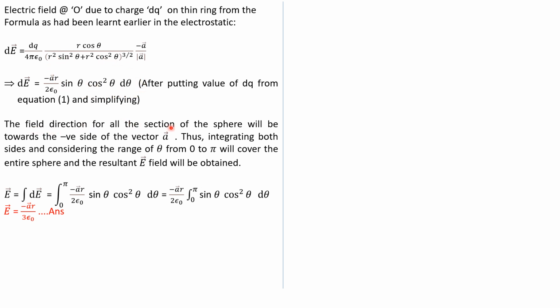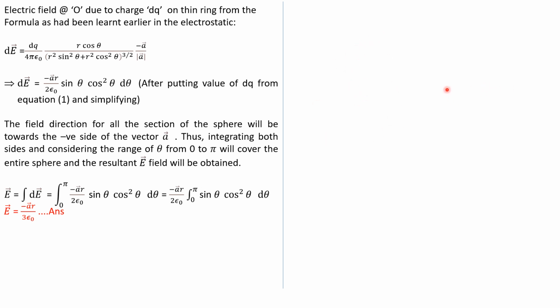Now the field direction for all the sections of the sphere will be towards the negative side of the vector A. Thus integrating both sides and considering the range of theta from 0 to pi will cover the entire sphere, and the resultant E field will be obtained. Hope you understood this. Nothing special in this. You have taken one section of the ring, another section of the ring will be here, another here, and the same way on the other side.